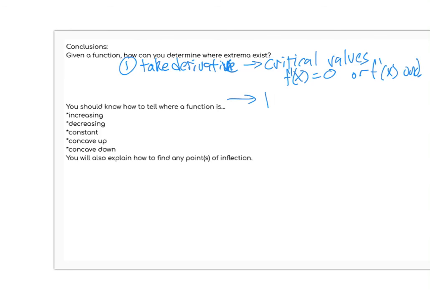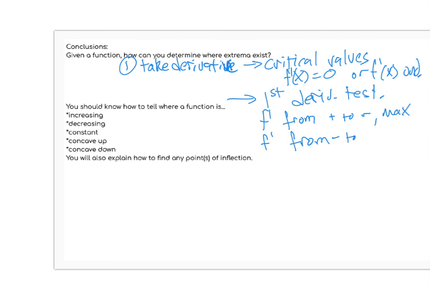We've got two options. One is the first derivative test. If f prime is going from positive to negative, we're talking about a max. If f prime is going from negative to positive, we're talking about a minimum.